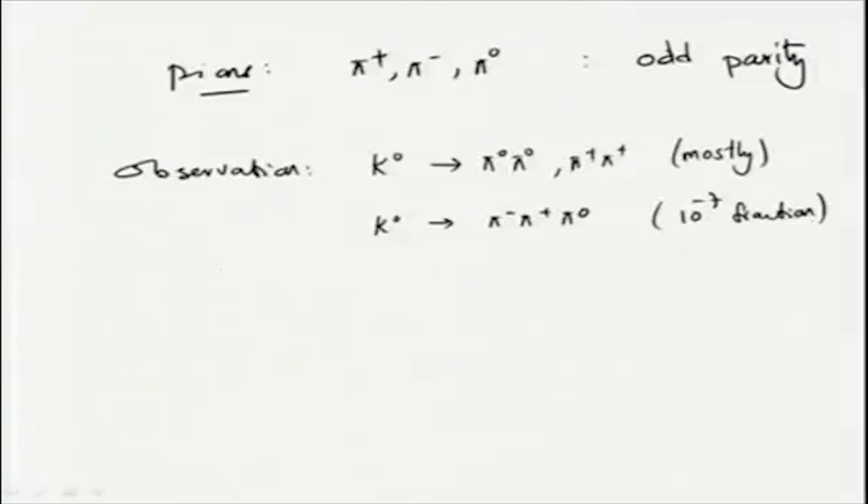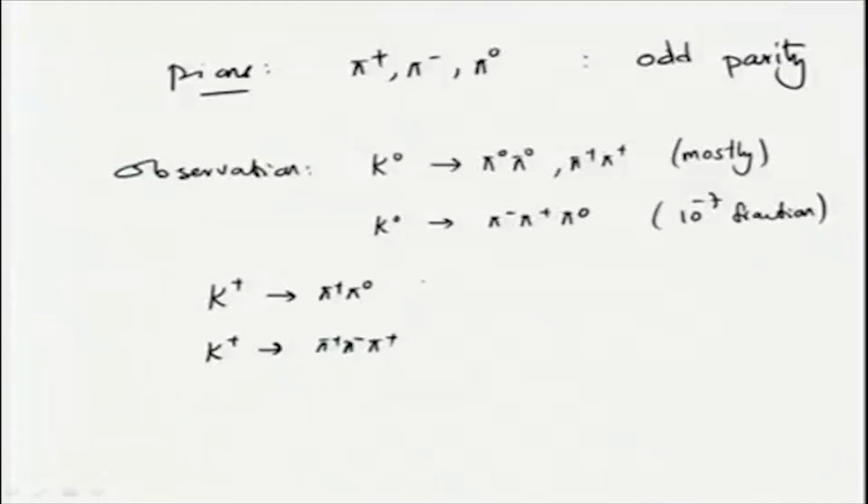There was also an observation of a similar other particle, K plus, going into pi plus pi 0 or going into pi plus pi minus pi plus, 3 pions or 2 pions.